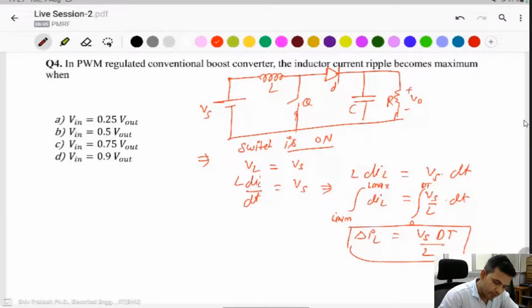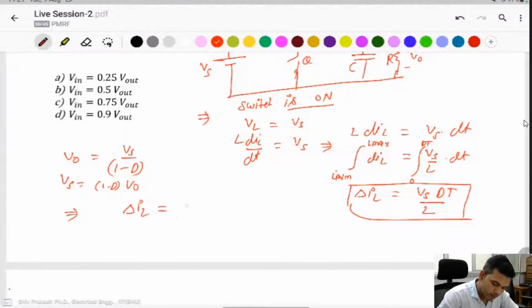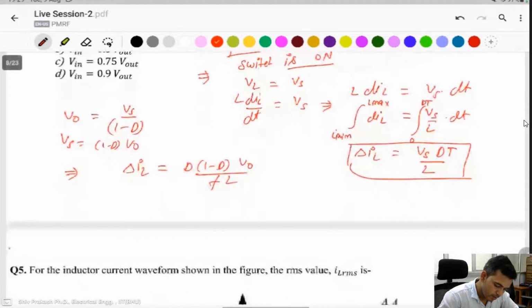You also know that for the boost converter V naught is equal to Vs divided by 1 minus d. You find Vs is equal to 1 minus d into V naught. Apply here, and delta IL is equal to d into 1 minus d into V naught divided by fL.